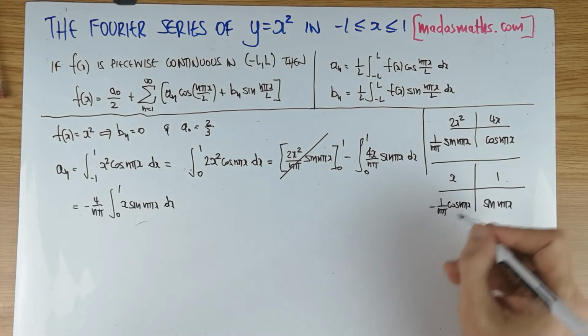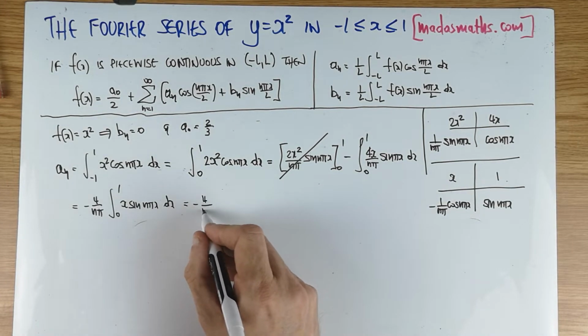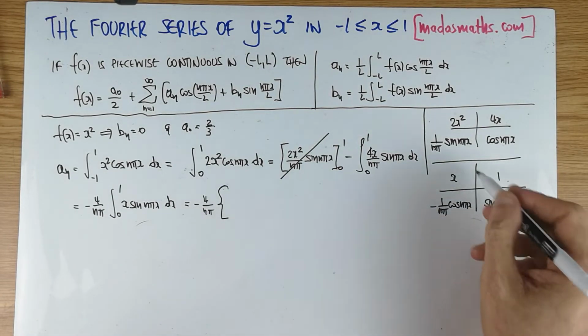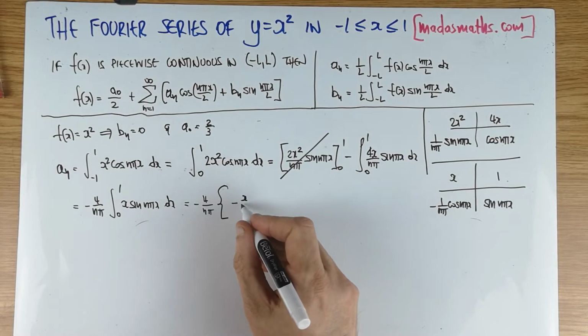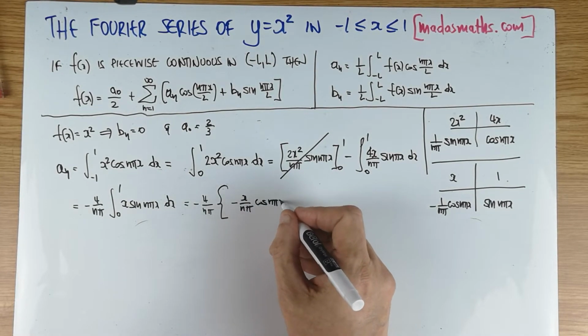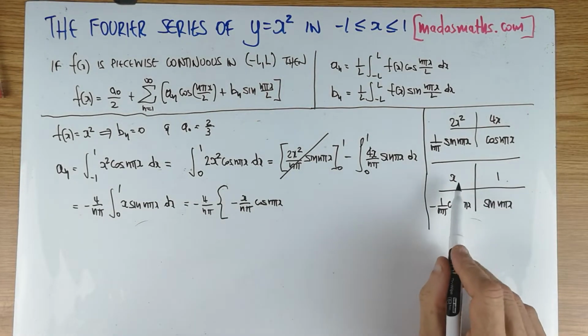n pi x. So that's going to be minus 4 over n pi, big curly bracket, product of this column, so it's going to give me a minus x over n pi cos n pi x. So make sure you know how to do your integration by parts, whichever way you use.